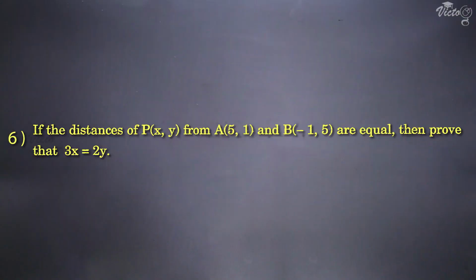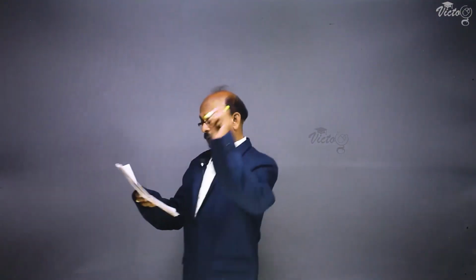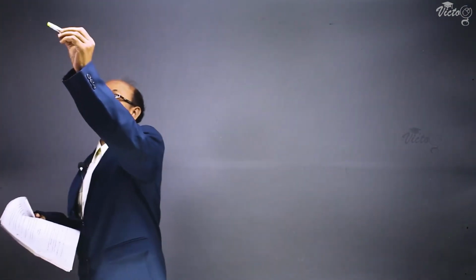The distance of P(x, y) from A(5, 1) and B(-1, 5) are equal, then prove that 3x is equal to 2y. Next is question number 6. It is given that the distances of P(x, y) from A(5, 1) and B(-1, 5) are equal. Here also we have to draw one figure.